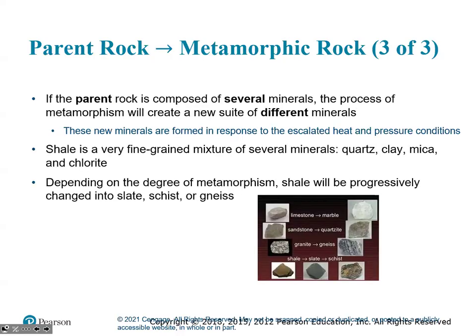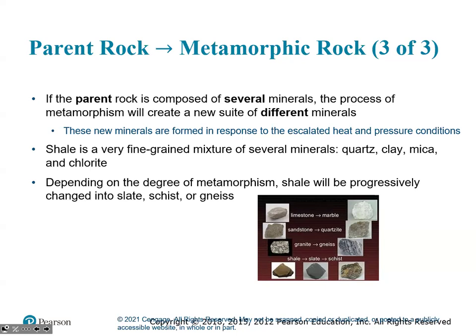And if the parent rock is composed of several minerals, the process of metamorphism can create a new suite of different minerals. And these new minerals are formed in response to the escalated heat and pressure conditions. So shale is a very fine-grained mixture of several minerals: quartz, clay, mica, chlorite.